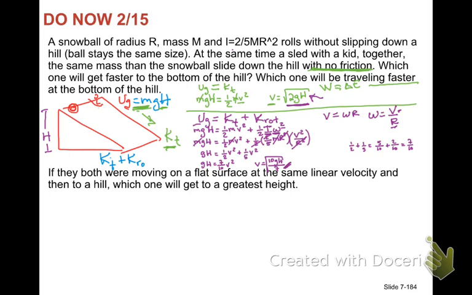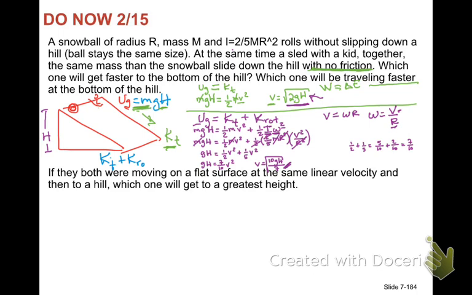So the sled is going faster at the bottom of the hill. Since it's developing a greater velocity, the sled will get to the bottom of the hill in a smaller time. It's traveling faster and it will use less time to get to the bottom. So that is the first part of this problem.